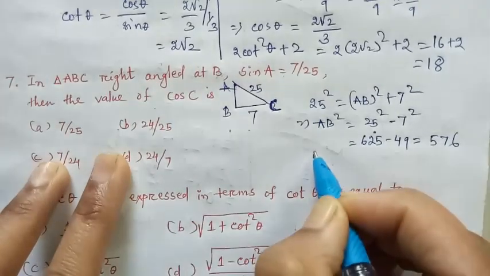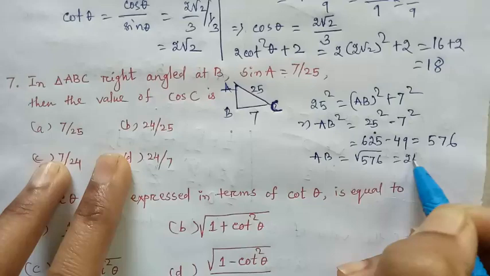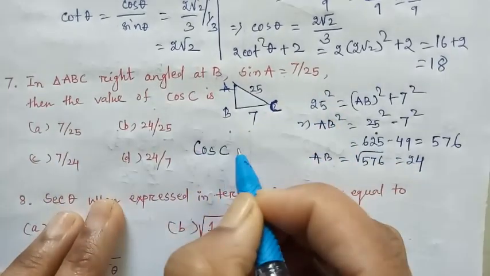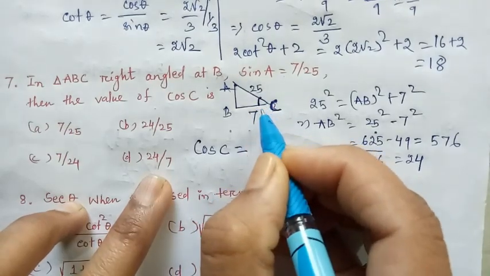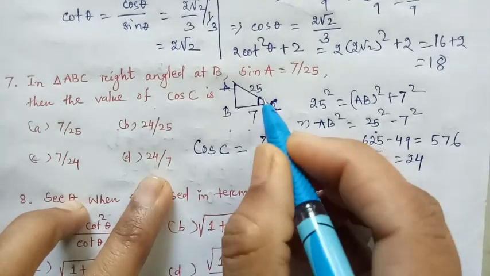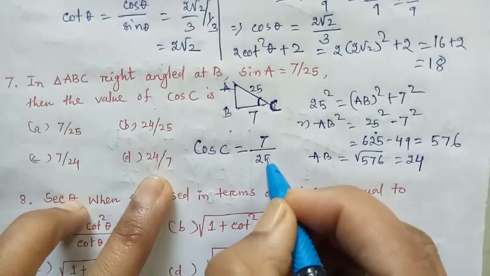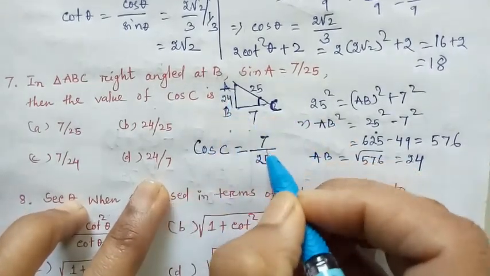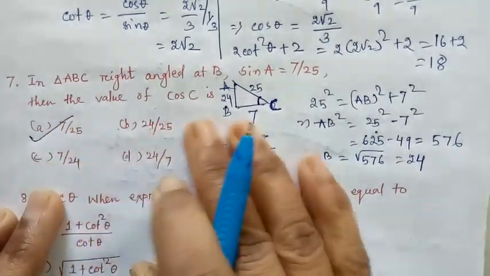Okay, so AB is equal to the square root of 576, that is equal to 24. So we have to find out cos of C. This is cos C. That means adjacent side is our 7 and then hypotenuse 25. Okay, this side is your 24. So cos C is 7 by 25, option A.